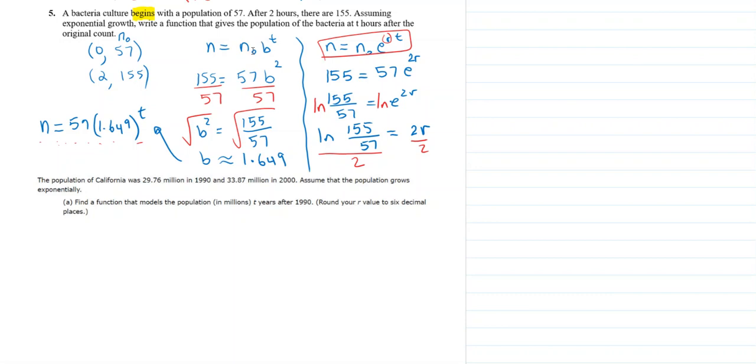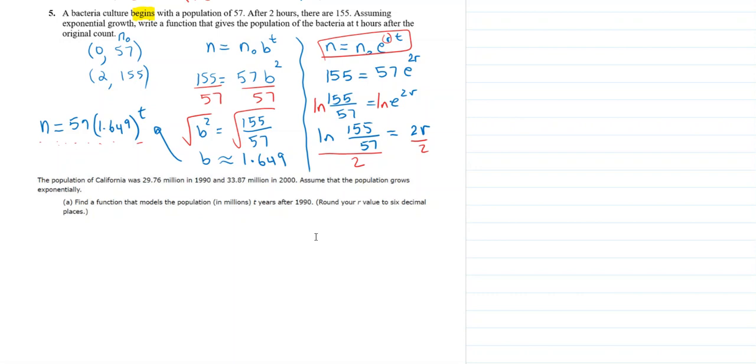So I prefer this form of it, but I think they're looking for this form of it because they say round your r value to 6 decimal places. Well, I tried it and I put the equation in this form and it accepted it. So you can also do it this way and then write b to 6 decimal places. Or you can do it this way and then write your r to 6 decimal places.